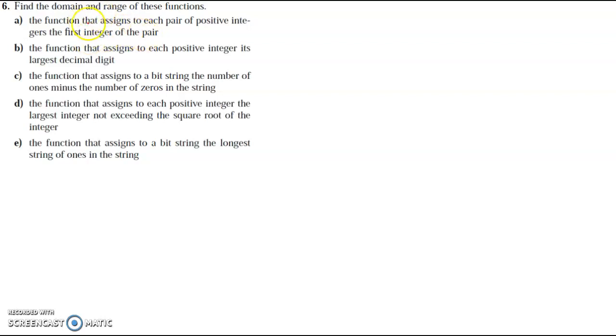Let's think through A. A is the function that assigns to each pair of positive integers the first integer of the pair. The domain is pretty easy to figure out. It's a pair of positive integers. If it's a pair, then we write Z with a plus, which means positive integers.